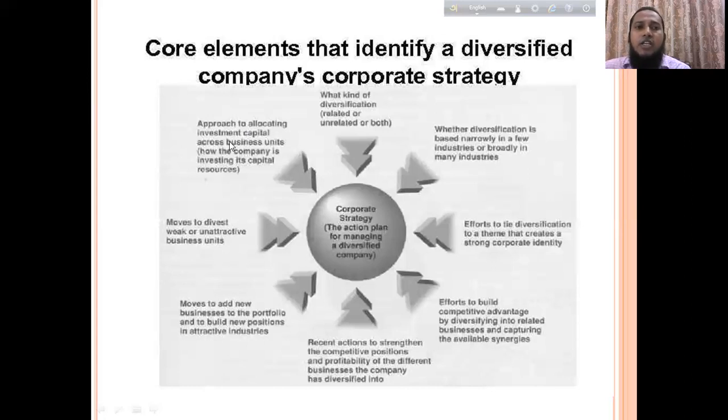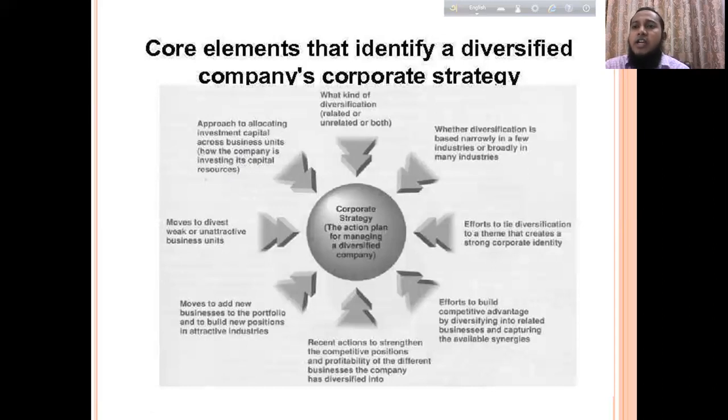Approach to allocating investment capital across business units, that is, how the company is investing its capital resources. The company will allocate its financial and non-financial resources to different businesses.